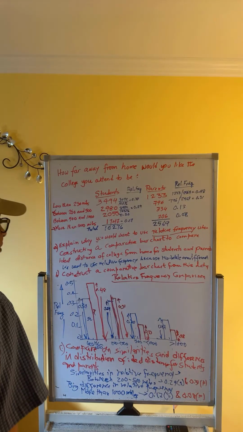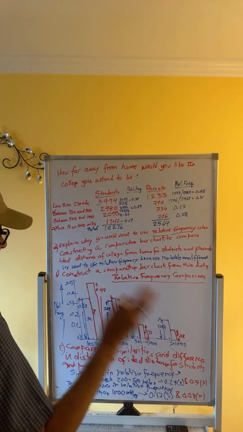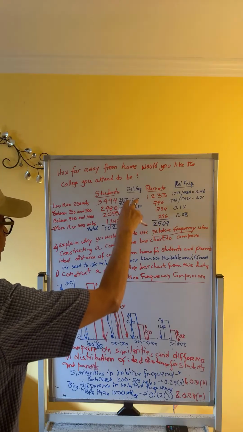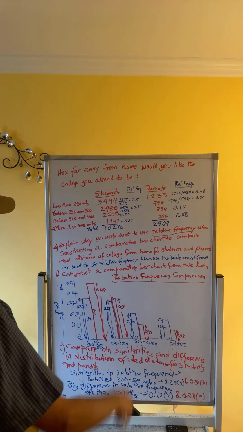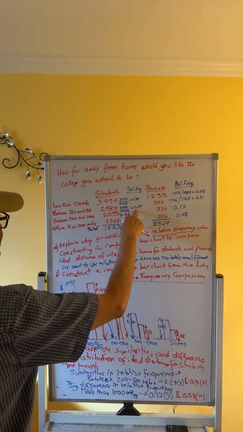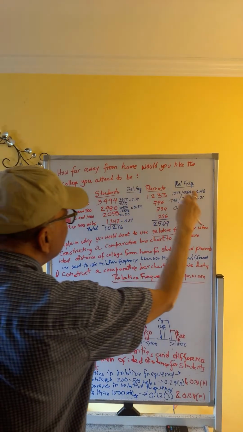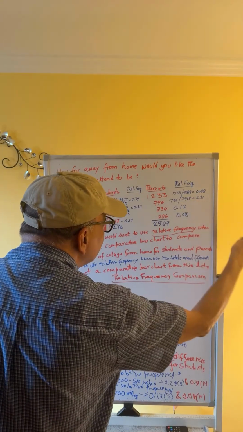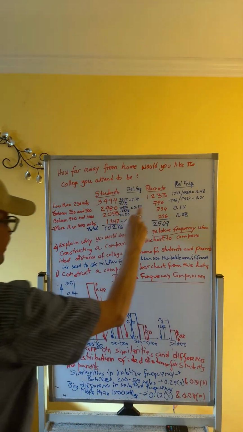In a relative frequency chart, you can see the difference in percentages between students and parents. Remember, this relative frequency when multiplied by 100 will be converted to percentages. For example, in the second category here, 29% of the students would like the college between 250 and 500. Here, 31% of the parents would like the college to be located between 250 and 500 miles away from home. Very similar.